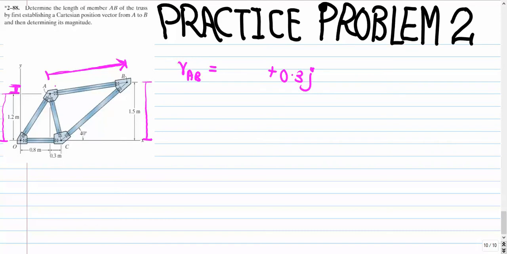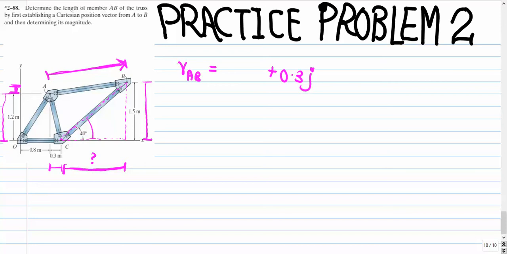We can see that they have given us the length from this point to this point, which is 0.3, but we still need the length from this point to the point B. So to find this length, we can use this right angle triangle right here. So let's find this length.